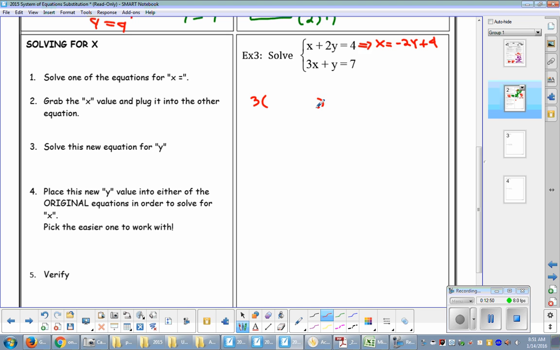I will have 3 times x plus y equals 7. So again, after getting the x value from the first equation, I will use this x value and plug it into my second equation. So I will now replace my x value in my second equation by negative 2y plus 4.